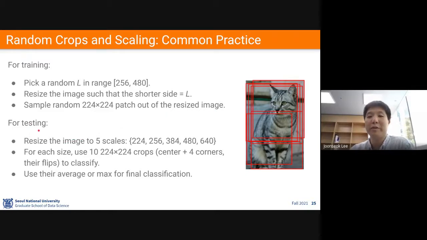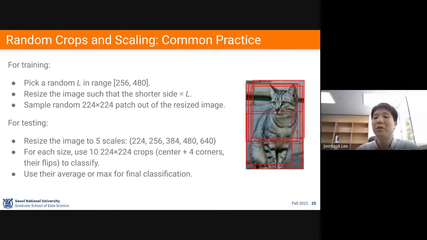And then for testing, you resize the image to 5 different scales, and then for each size you can crop multiple patches of those images and classify them. Because we do our best to train our classifier to recognize the objects at different scales and at different locations.